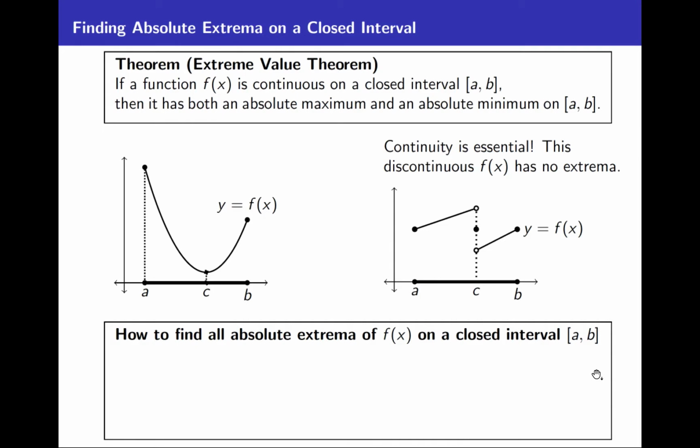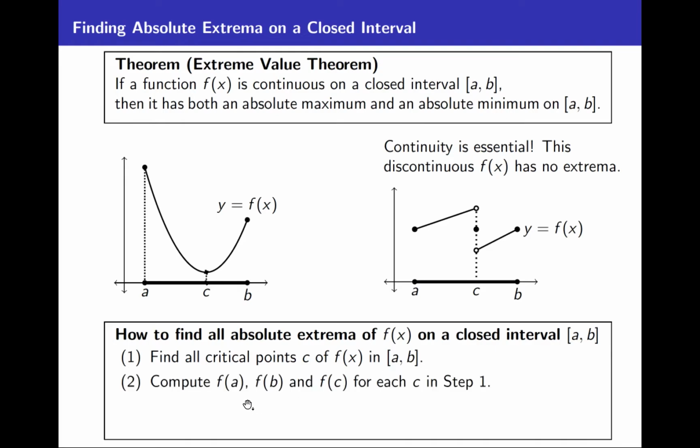And in calculus, we're talking about functions that have derivatives, so they're going to be continuous. Here's our procedure. In the first step, you find all the critical points c of your function f that are in that closed interval. And remember that you could have a minimum or a maximum at a critical point. So it's important to find those.